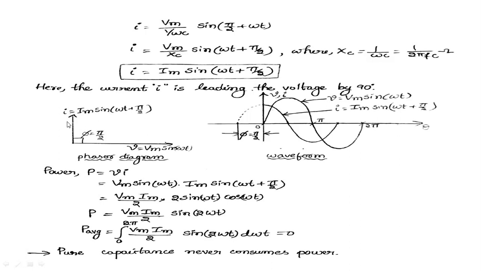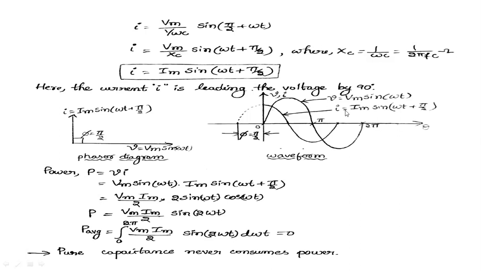That current is leading the voltage by 90 degrees for the pure capacitor. With the help of this phasor diagram, we can understand the current leads the voltage by 90 degrees for the pure capacitor.